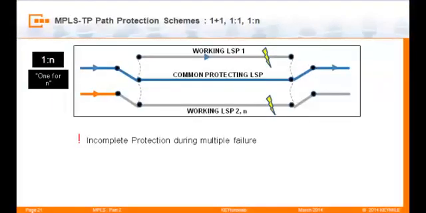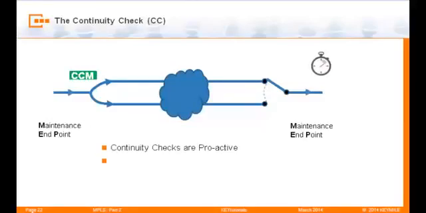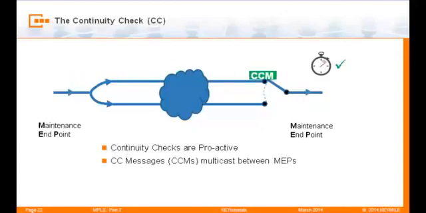Okay, so how does MPLS TP implement these high-speed protection switchovers? Well, it uses a function called the continuity check, and it's one of the crucial fault monitoring tools we have because, as its name suggests, it's proactive. Continuity check messages, or CCMs, are repeatedly sent out as multicasts from each endpoint to peer endpoints, and they're sent every 3 milliseconds.